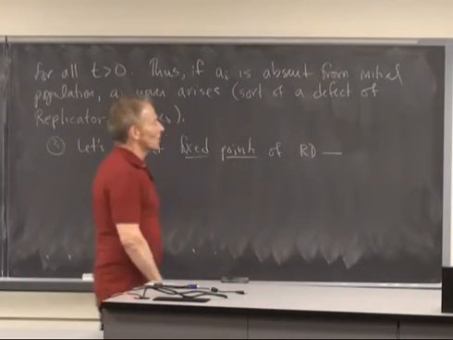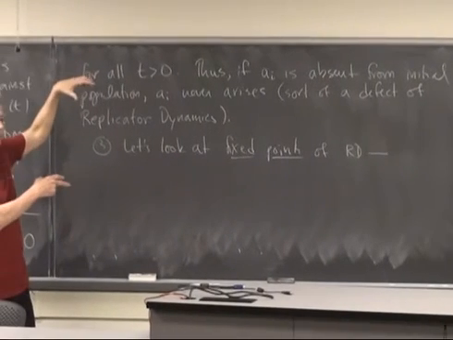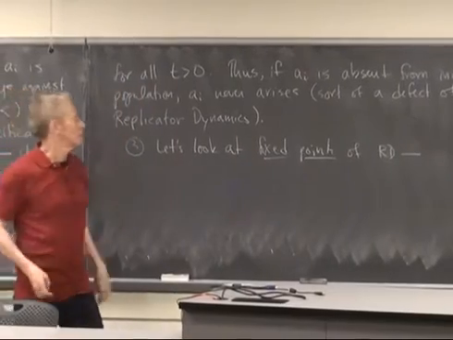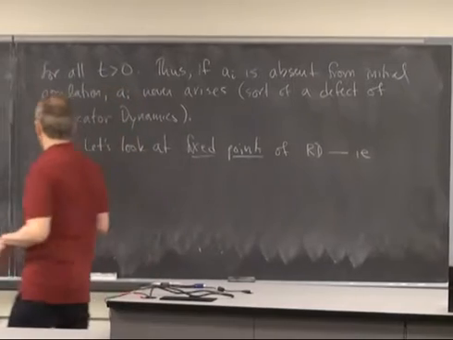And what do I mean by fixed points? I mean a population strategy, a distribution of fractions of players of the various pure strategies that stays the same from time t to time t plus 1. So let's adopt some notation for that.